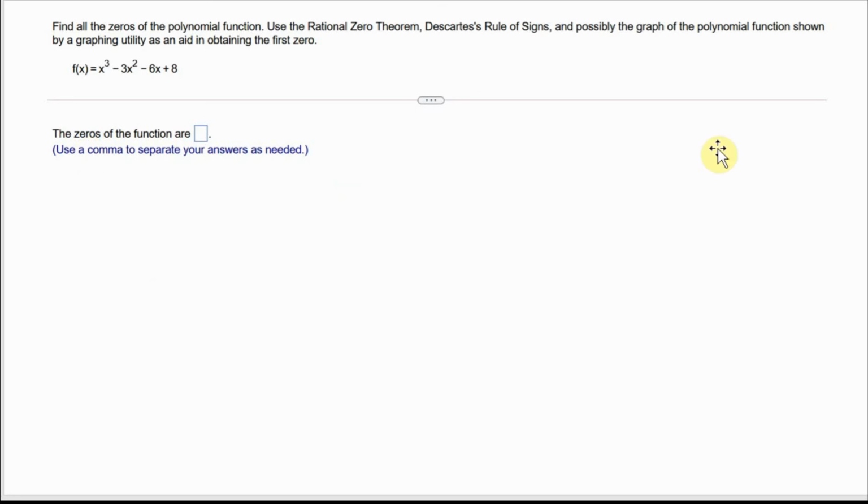Next, find all the zeros of the polynomial function. Use the rational zero theorem, Descartes' rule of signs, and all of that. You don't need that. We're going to just use synthetic division. List the coefficients of the polynomial: 1, -3, -6, and 8.